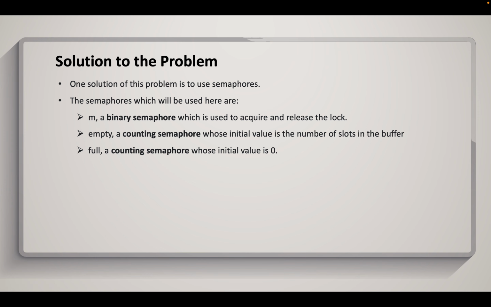It will be decreased by 1 every time a slot is used by the producer. Full is another counting semaphore whose value is 0. Full will be increased by 1 whenever the producer produces a value. Empty will be increased by 1 whenever the consumer consumes a value. M is the binary semaphore which acts as a mutex or lock between the producer and consumer.